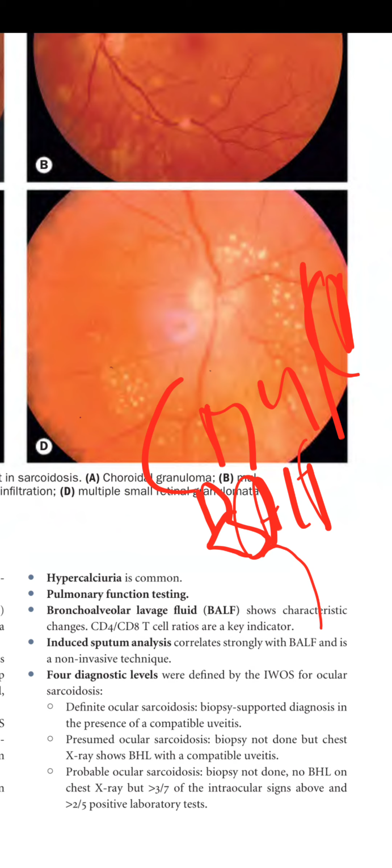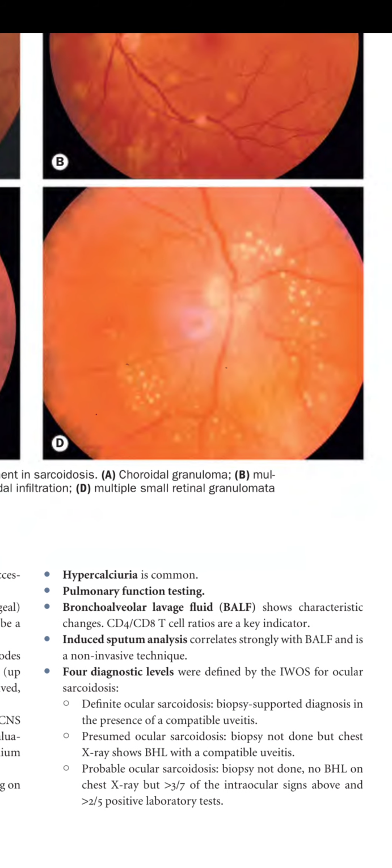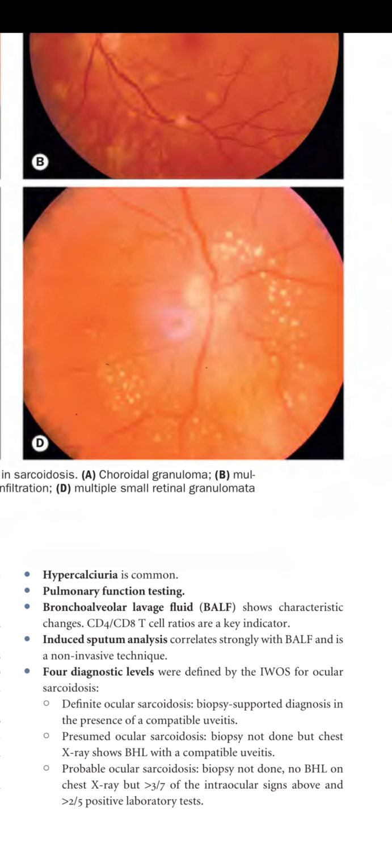So now there are 4 diagnostic levels defined by the International Workshop on Ocular Sarcoidosis. So like in VKH, there are going to be the definitive, presumed, and probable. If there is a definitive ocular sarcoidosis, there is a biopsy-supported diagnosis in the presence of a compatible uveitis.